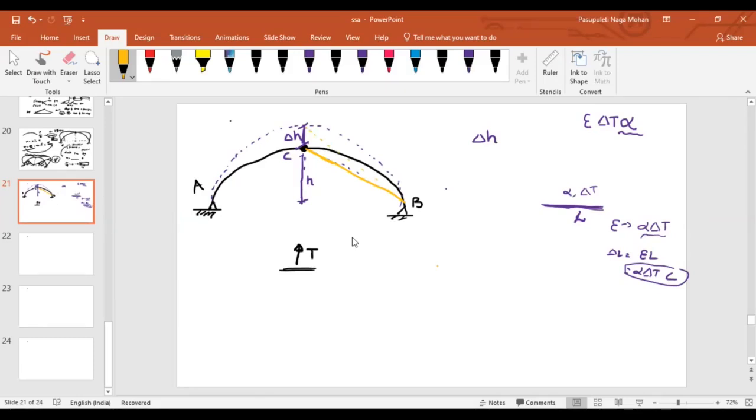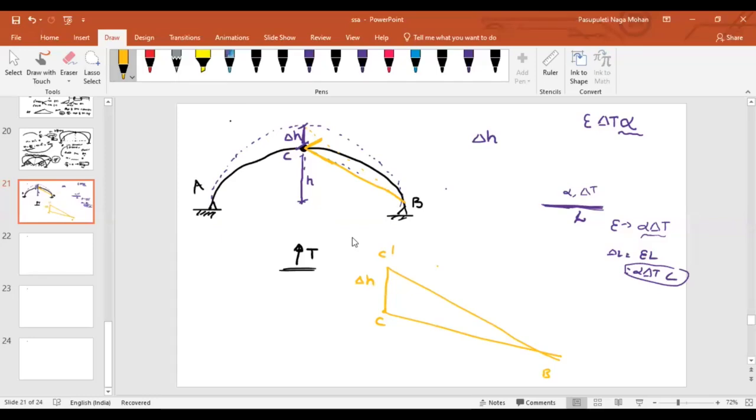Now, what is this value? How much has it moved from here to here? So if I draw that in an enlarged way, for the point C, point B, and this is, let us say, some C dash, and this is the delta H that we are going to find out.